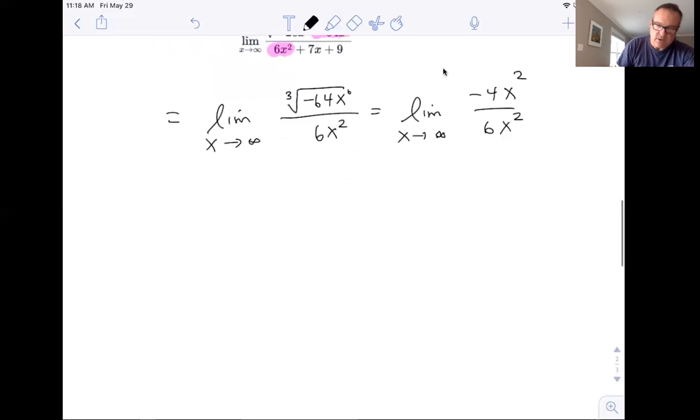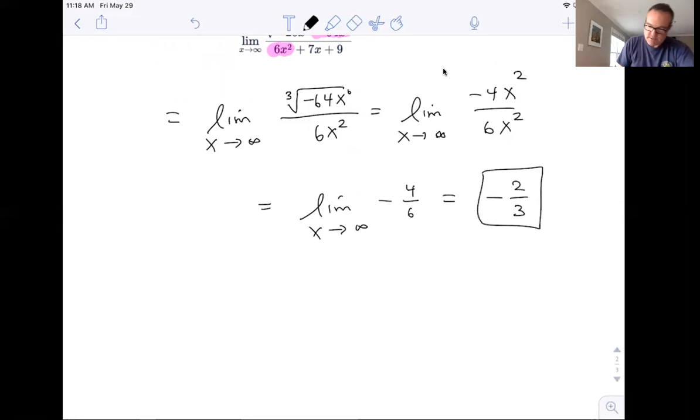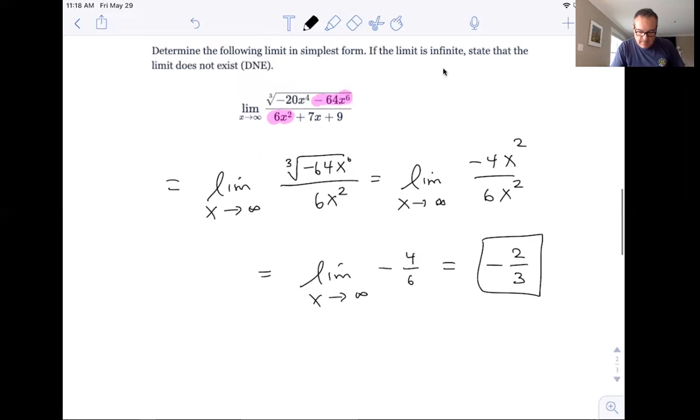And you can see here, of course, bottom and top tie, and the x squared basically cancel out. So I got the limit at infinity of negative 4/6, which of course is just negative 2/3. Okay. And we did these analytically.